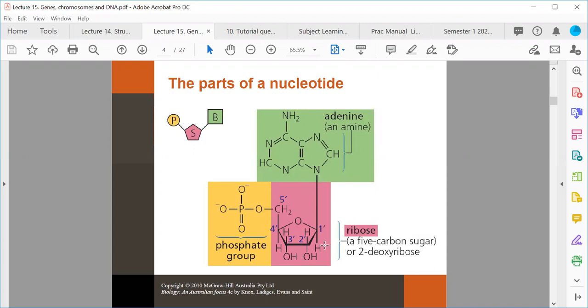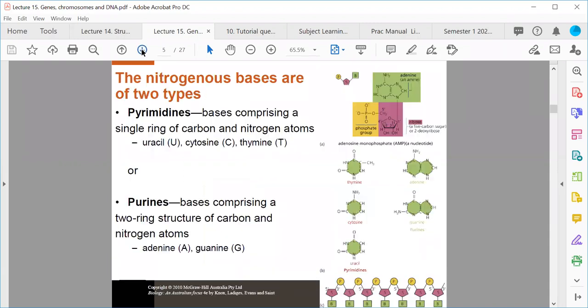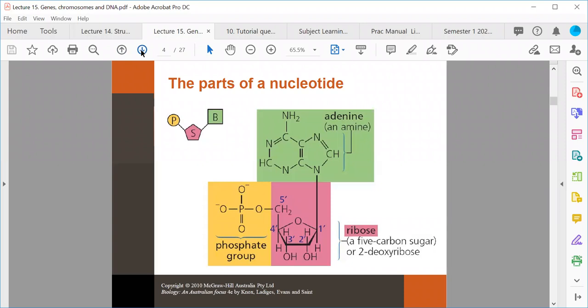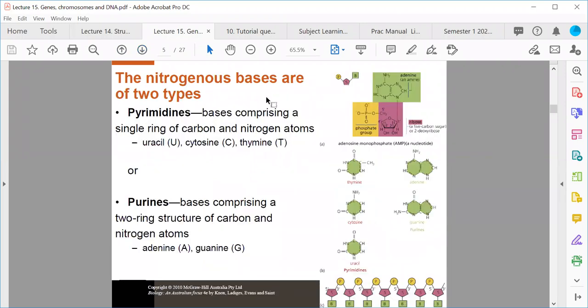If this sugar was a 2-deoxyribose, then we know it would be found in DNA. And the sugar is attached to a single phosphate group. I know everyone's very familiar with this because you would have revised it in part for your mid-semester test.